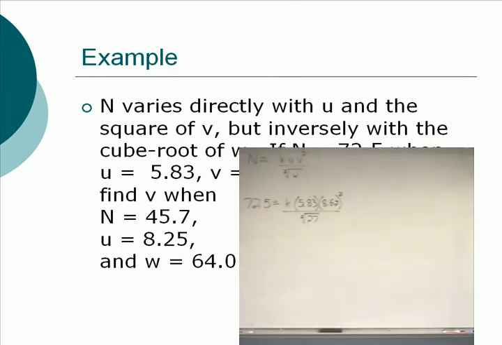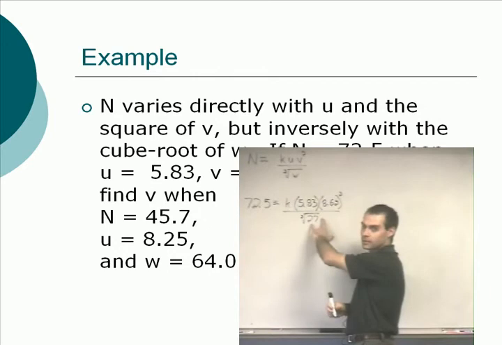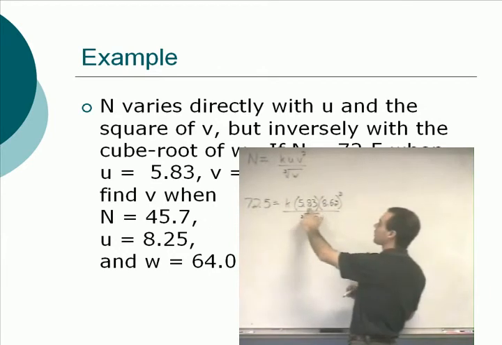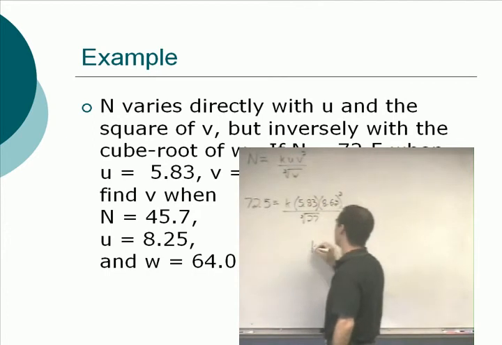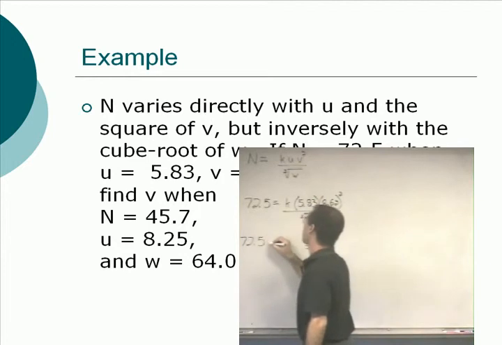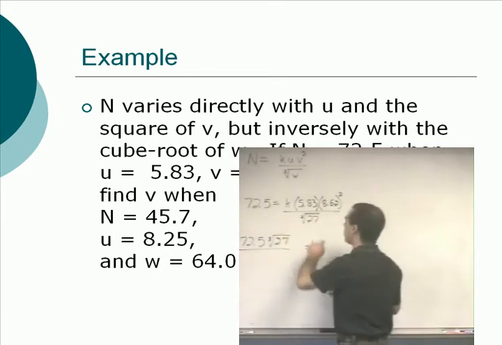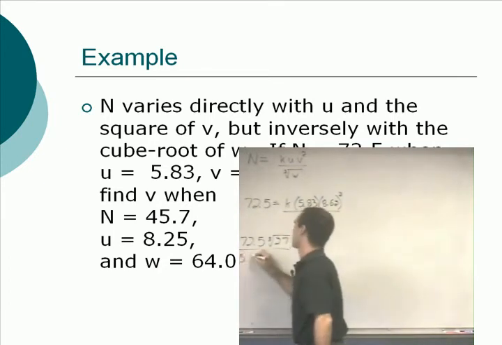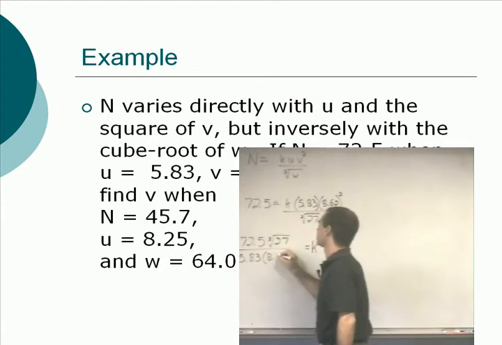Okay, so now we can find our k value. Just seeing the algebra here, we're going to multiply both sides by the cube root of 27, which is incidentally 3. And then we're going to divide by 5.83 and 8.62 squared. So if we write that out just to see where that's coming from, we're going to have 72.5 times the cube root of 27 divided by 5.83 times 8.62 squared.